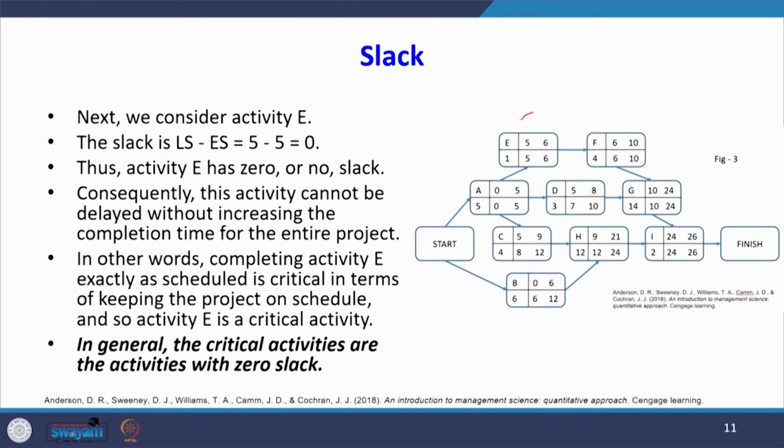In other words, completing activity E exactly as scheduled is critical in terms of keeping the project on schedule, and so activity E is a critical activity. Wherever the slack is 0, that corresponding activity is a critical activity. In general, the critical activities are the activities with 0 slack.